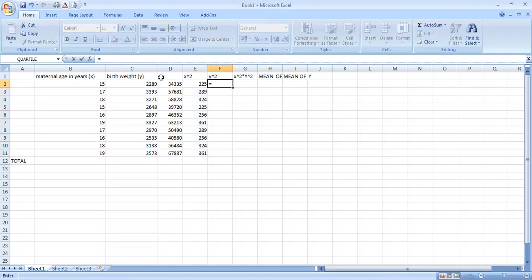You say equals y, to the power 2, equals the same. You hold your first key on your laptop and you scroll this down.